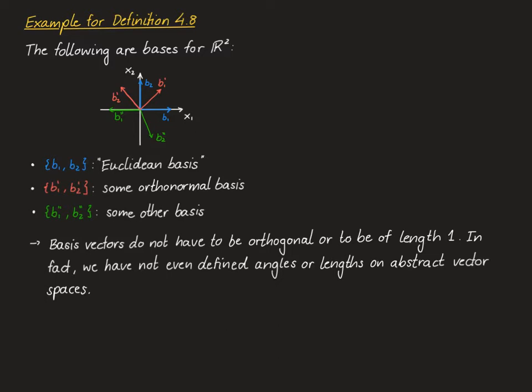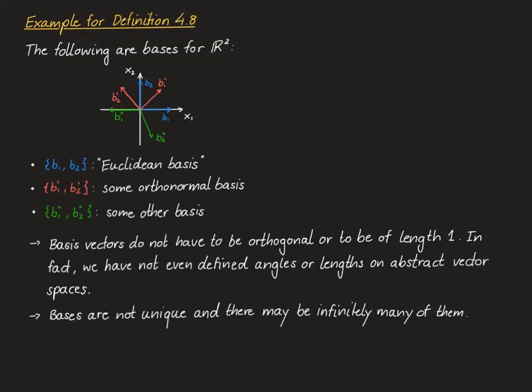In fact, if you think about it, we have not even defined any angles or lengths on our abstract vector spaces. So for instance, we don't know what's the angle between two sequences or two functions, or what's the length of a function. As a second conclusion, we see that obviously bases are not unique, and there may be infinitely many of them for a vector space like R2.